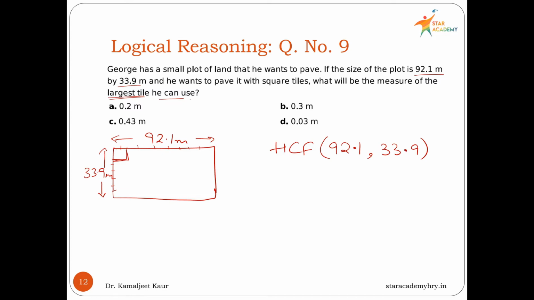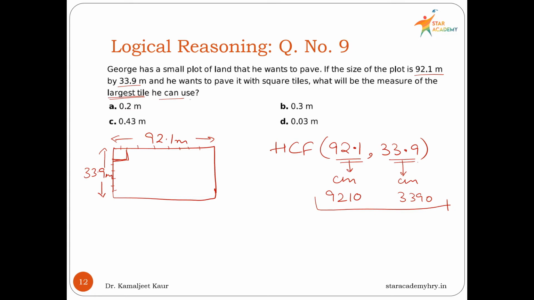The first thing is, if the numbers have a decimal point, you may convert them into centimeters. When you convert into centimeters, it becomes 9210 centimeter and 3390 centimeter. You take the HCF of these two numbers and the result would be in centimeter.